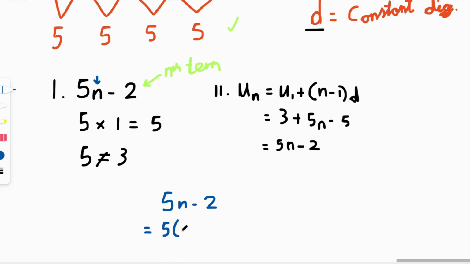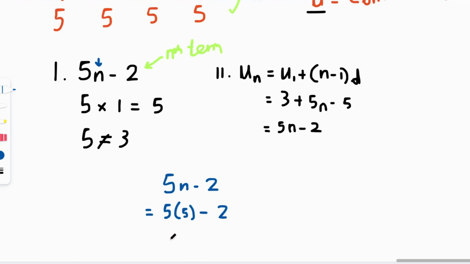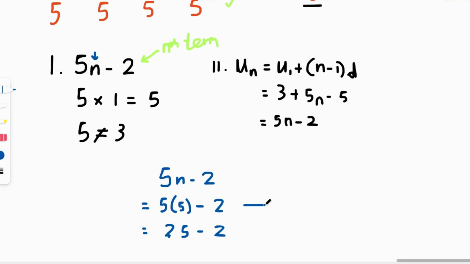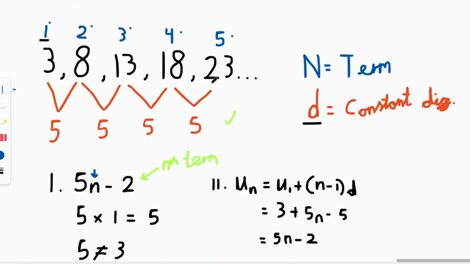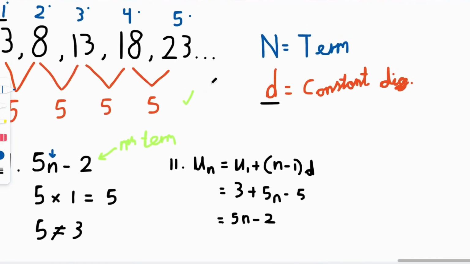So we substitute in 5 for n, so 5 times 5 minus 2. This would be 25 minus 2, giving us 23. And this will always work. If it's a different value, that unfortunately means that the nth term is wrong or that you substituted the value in incorrectly. So 23 is the final answer for our fifth term, as we know.